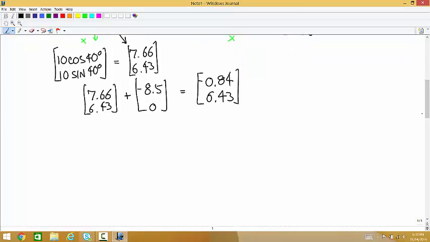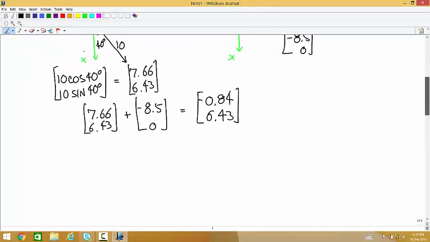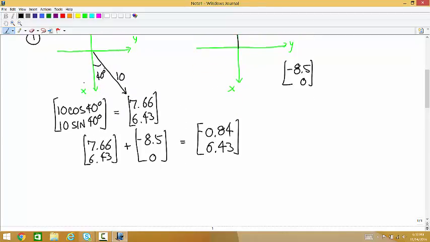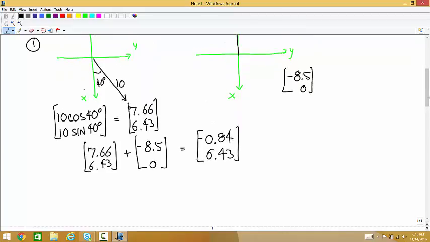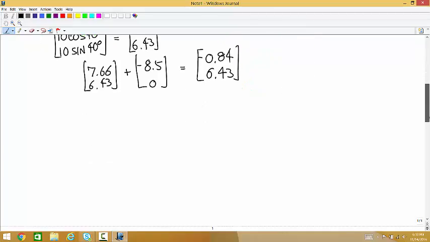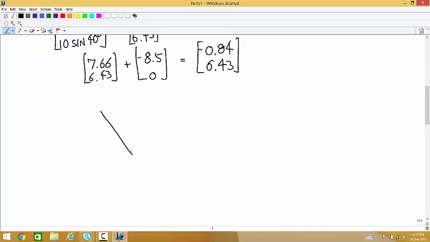And then the way to do the graphical part of that is put these vectors head to tail, draw the vector that goes from the free tail to the free head, and then just think about what the components would be. So I'm going to do it like, so there's one like this, there's one like this.